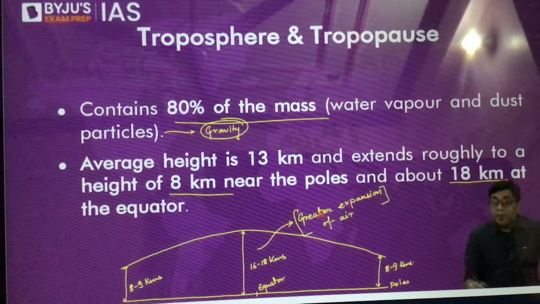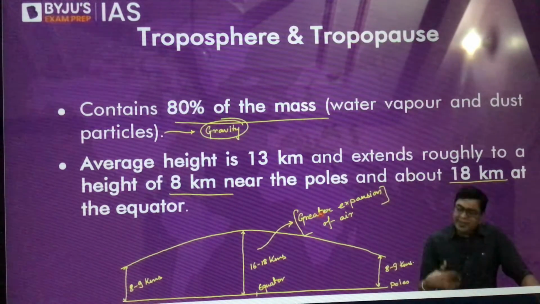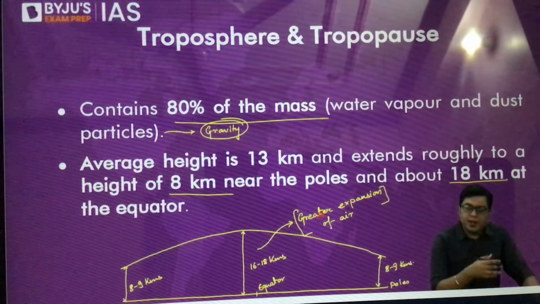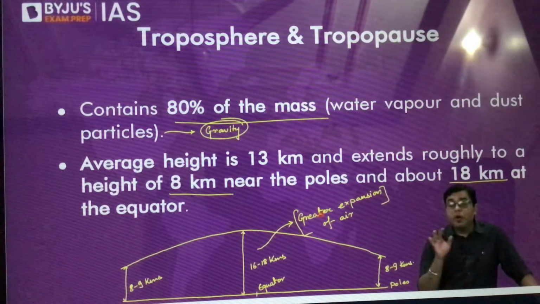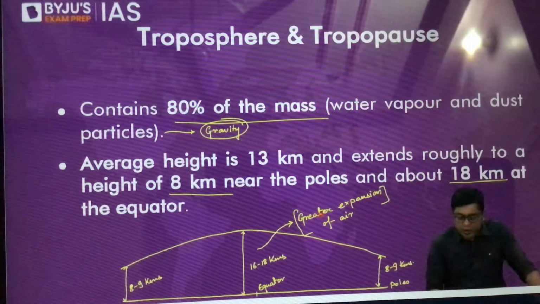And here, because of very low temperature, any substance which is very, very cold, be it this pen, or any solid, liquid, etc., when it is cooled down quite significantly, what happens to the volume? The volume tends to contract.